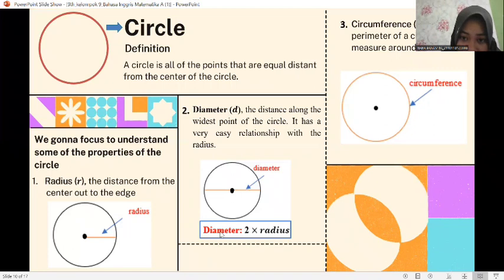If diameter is from here to here, and radius is from here to here, and we know diameter is 2 times radius, so diameter is from here to here, from here to here.